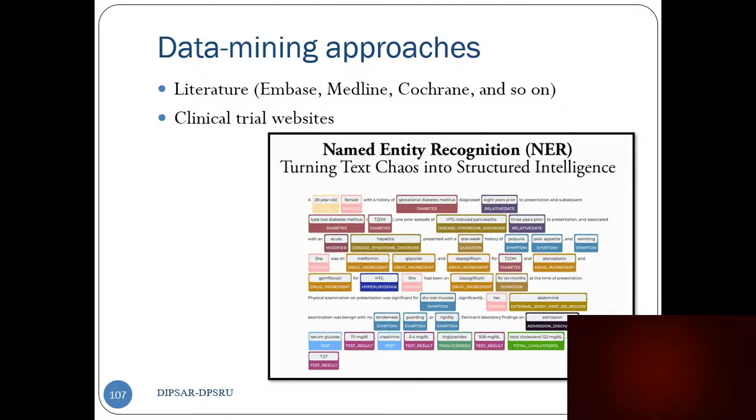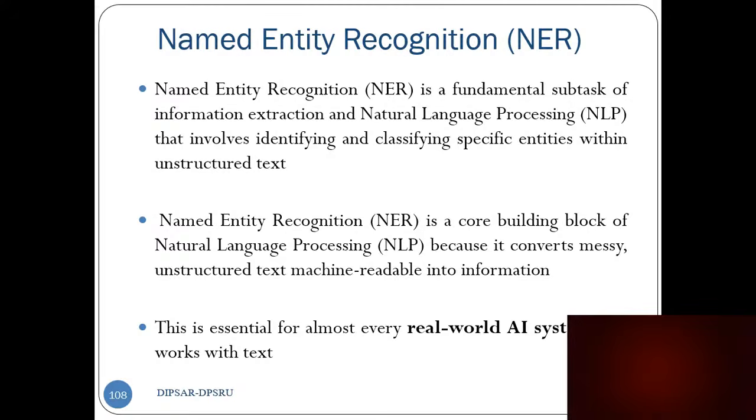So the main principle, with respect to data mining of the literature, is that we are converting unstructured data into structured data. That is NER, a fundamental task of NLP, that is natural language processing, and it involves identifying and classifying specific entities within the unstructured text.